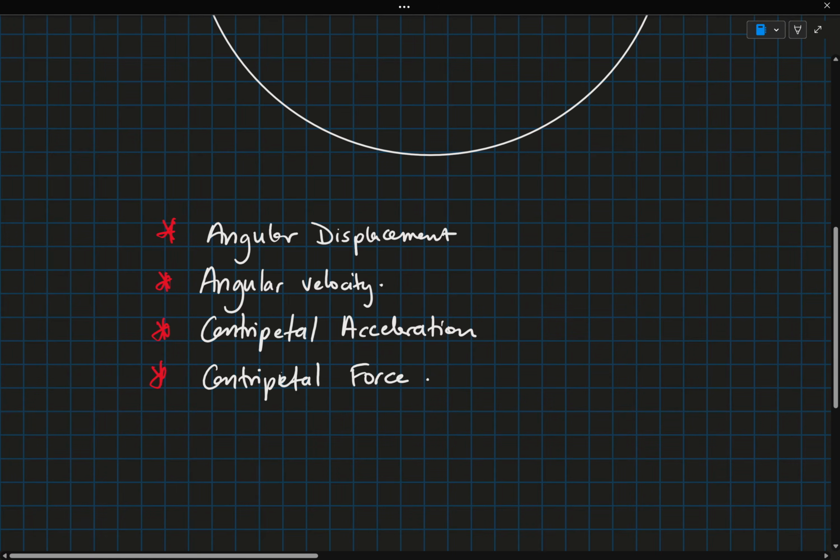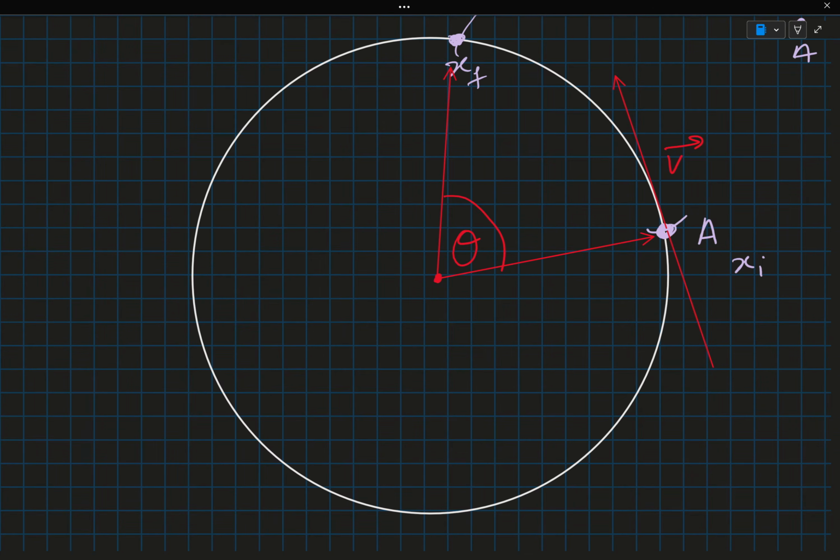So back to our general diagram. We have an object moving in a circular path at some velocity, and it continues to move around in that circular pattern. At any point along that path, we should be able to discern how much force is acting on that object.